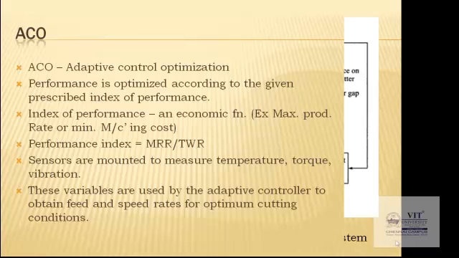Depending on the requirement and the quality expected by the vendor or the consumer, we can choose either one. The first one, adaptive control with optimization, optimizes the output for a desired quality. It optimizes the parameters.